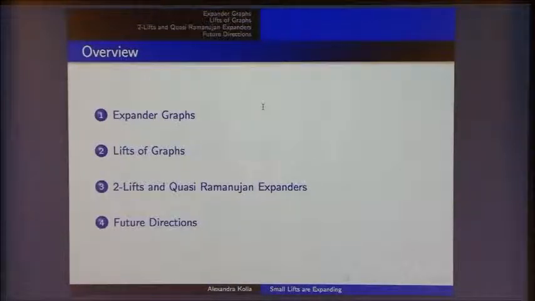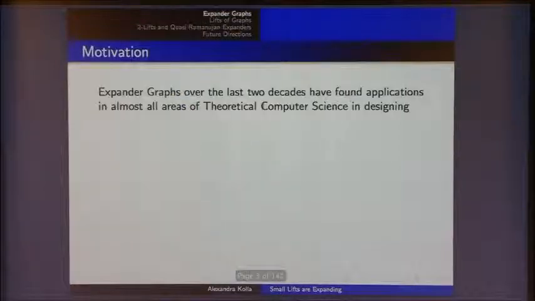Originally, lifts of graphs were suggested to construct expander graphs. Therefore, I'm going to describe what they are. And then show some results about two lifts and generally small lifts of graphs that prove that most of them are indeed expanding. And thus, this is one of the right ways to go in order to construct expander graphs, and give some open questions in the area.